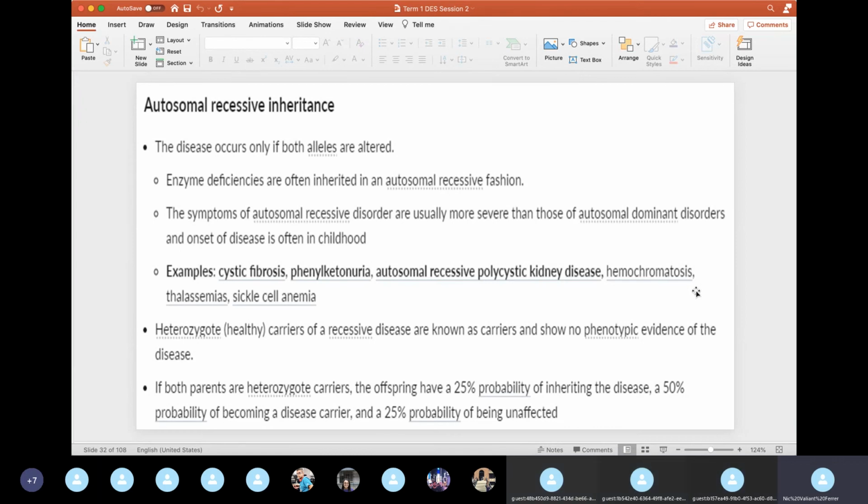Which is also used in hydroxylation of your proline and lysine residues in collagen synthesis. Vitamin C. Vitamin C for your hemochromatosis, increased reabsorption of iron. So if you're having iron supplementation and taking vitamin C, there's an increased risk of you having iron overload. Okay, so thalassemia, sickle cell anemia.